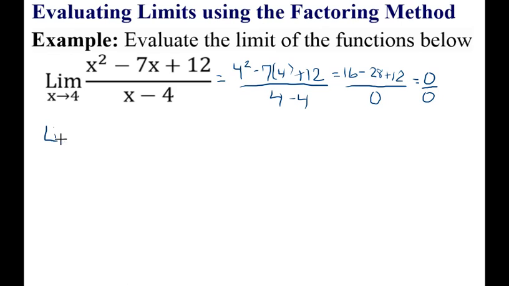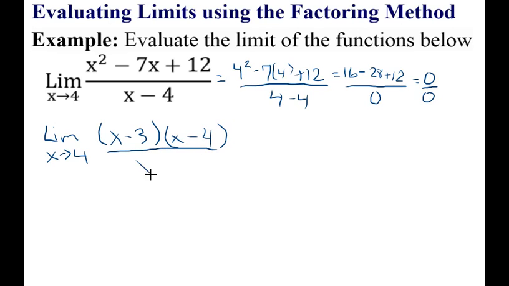If we take the numerator and factor it using what we know about factoring quadratics, the two factors of 12 that add to give you negative 7 are negative 3 and negative 4. When we factor the numerator, the numerator and denominator can now cancel what they have in common, x minus 4.